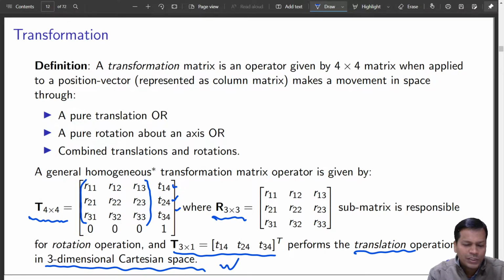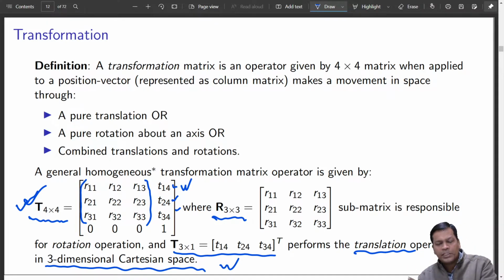So this is your transformation matrix. It can be applied to an object, to a frame, to a vector, to a force. For any vector quantity you can apply this, and it gets transformed in space to a new location with a new orientation.